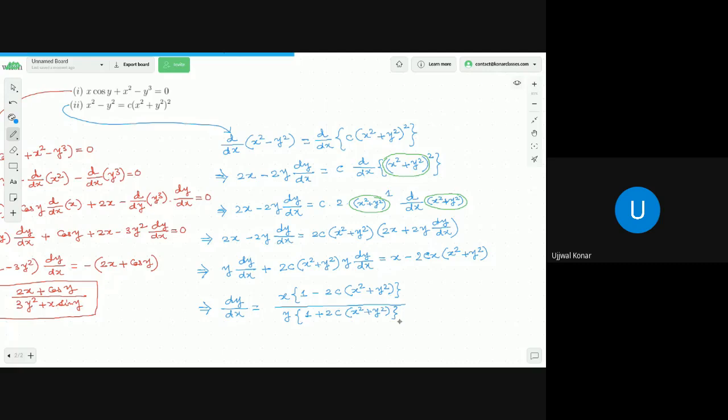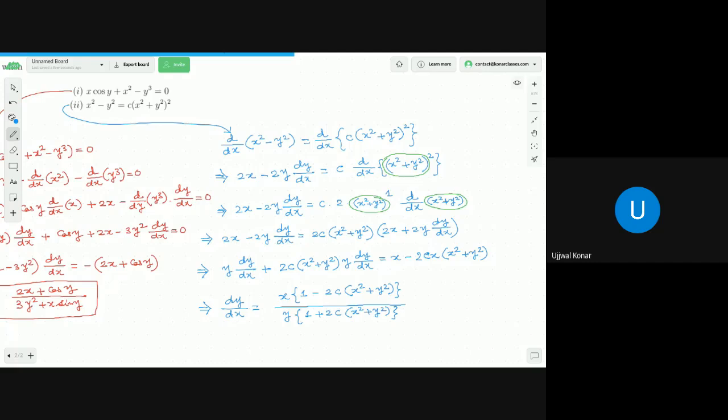After that, you can replace the value of c. What is c? c is equal to x square minus y square divided by x square plus y square, whole square. You can apply that value of c and you can simplify further. Understood. So this is all about the solution. Please have a look into it and do let me know if you have any smallest doubt.